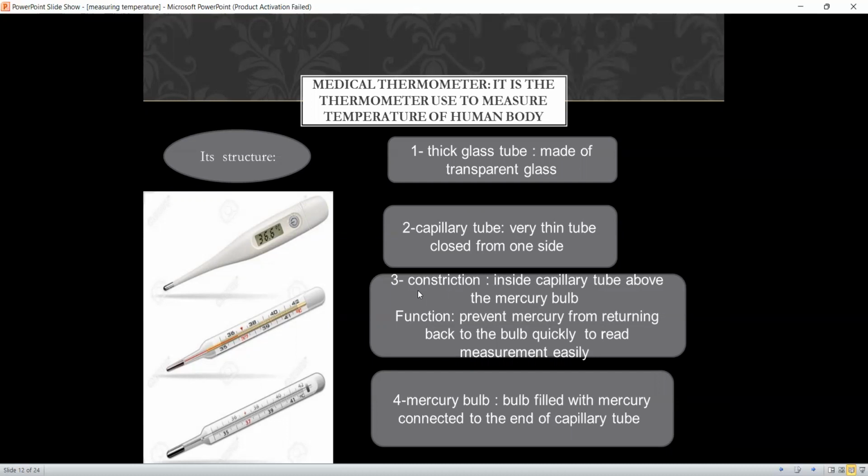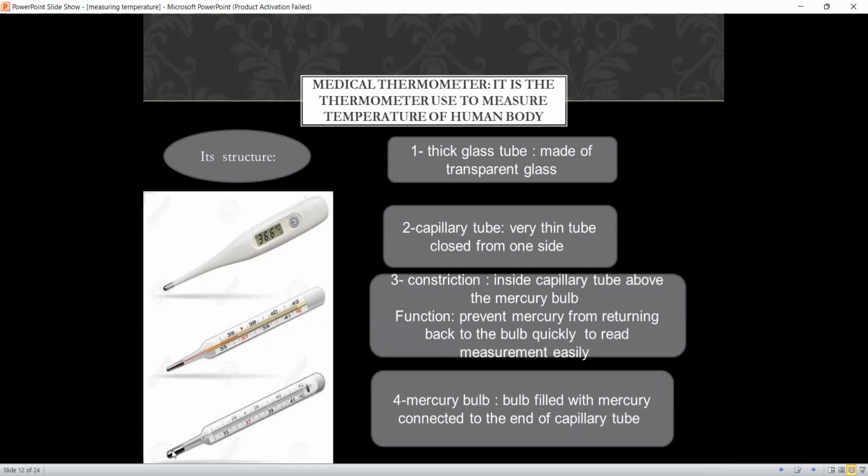It's like a C-shape inside the capillary tube above the mercury bulb, and its function is to prevent the mercury from returning back quickly, because I have to read the temperature accurately.